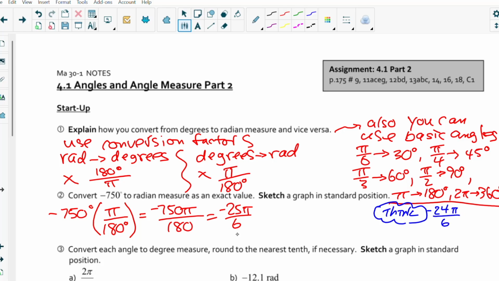That's really close to negative 25 pi over 6. Negative 24 pi over 6 is the same as negative 4 pi. That's 2 full rotations clockwise. But then I need pi over 6 more because I'm going to negative 25 pi over 6.